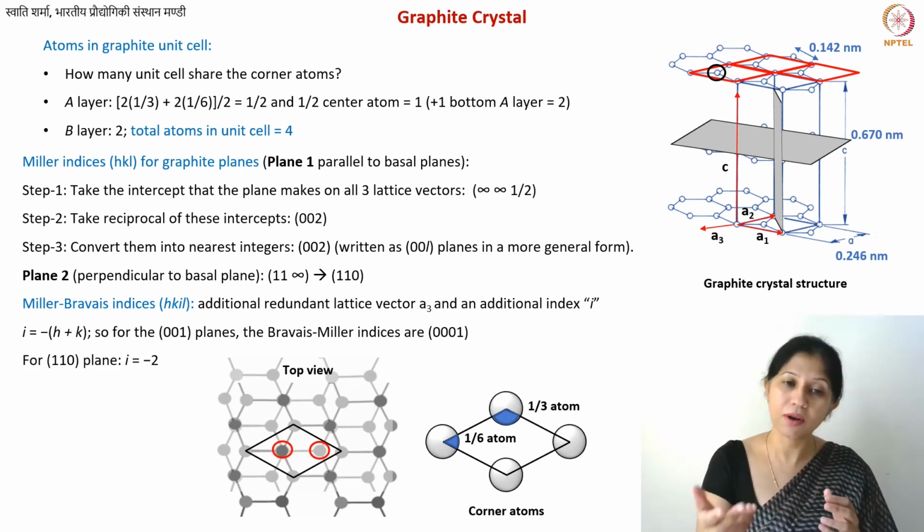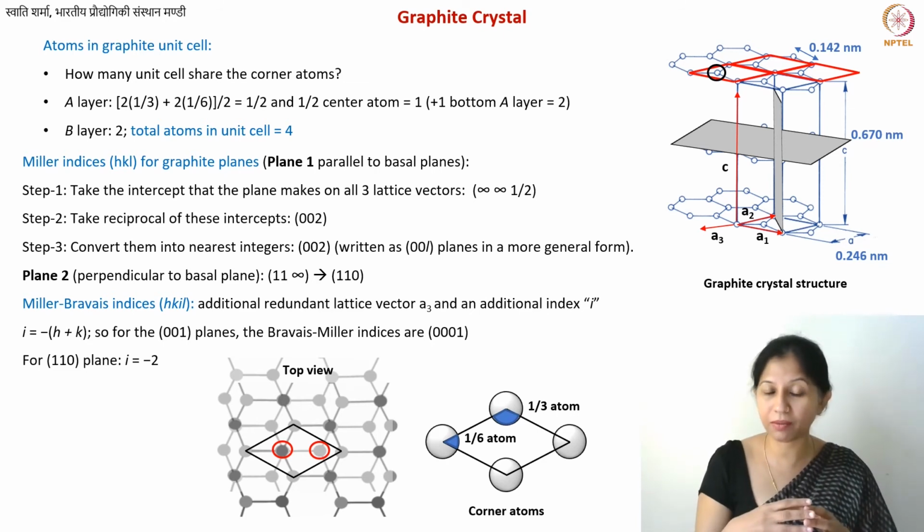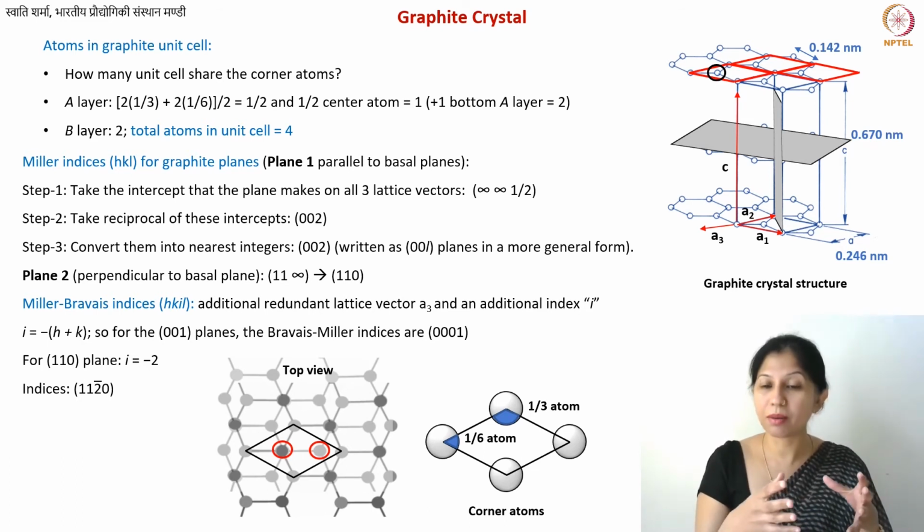Okay. Now if I take another plane, the 110 plane that we were talking about, here the value of I will be minus 2, because it is minus of 1 plus 1. And minus 2 is written as 2 bar. This is just a common practice in the case of crystal structure. So here you will have your Miller-Bravais indices as 1, 1, 2 bar and 0.